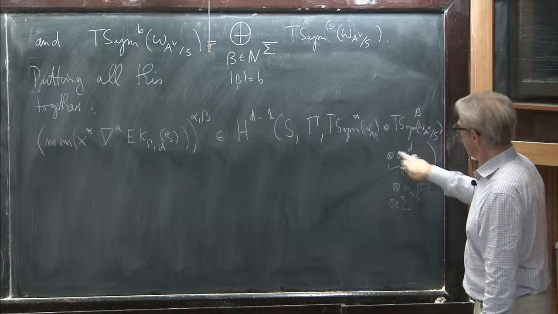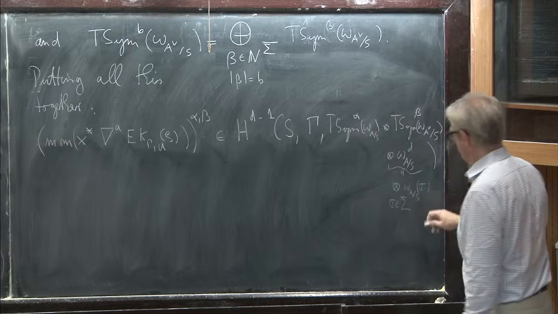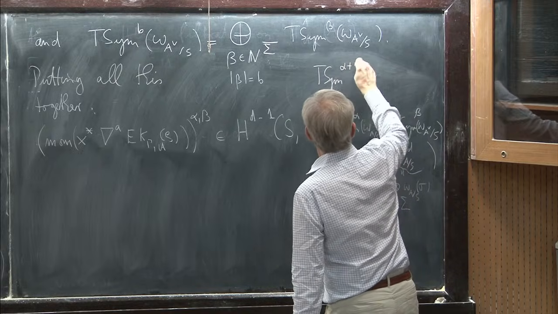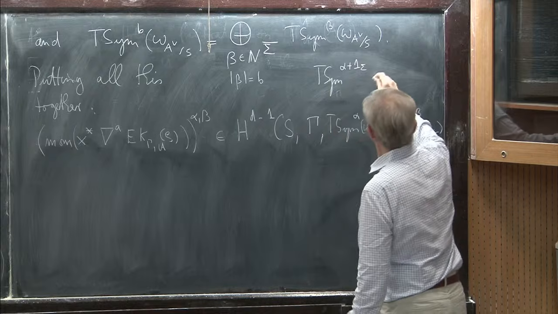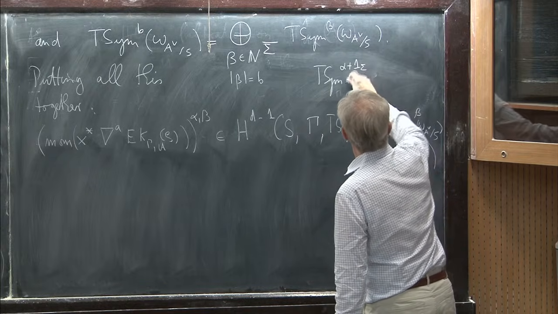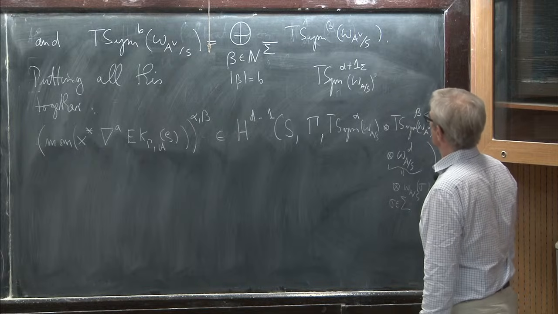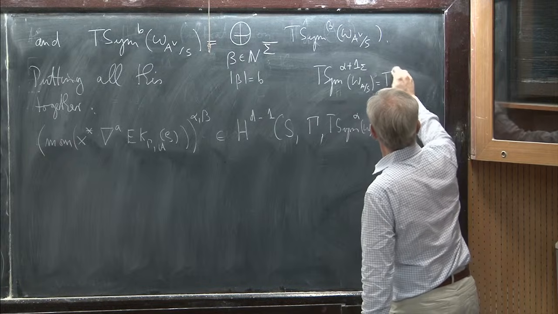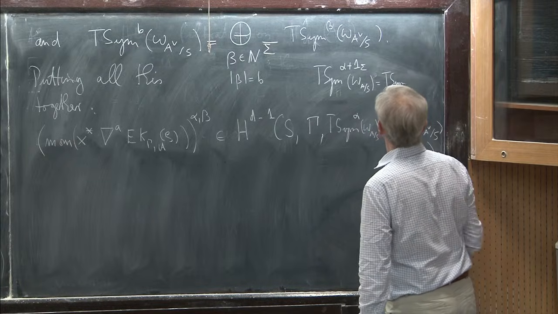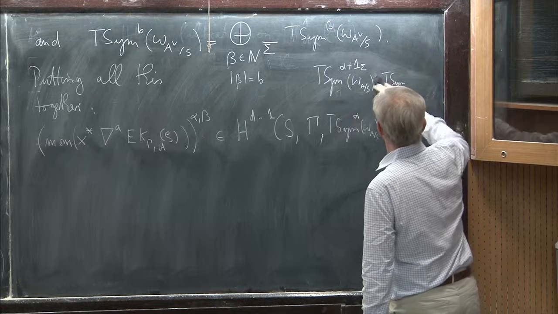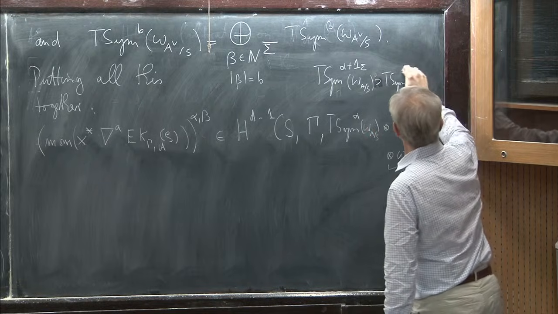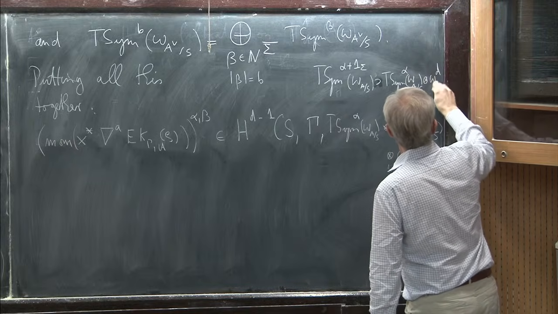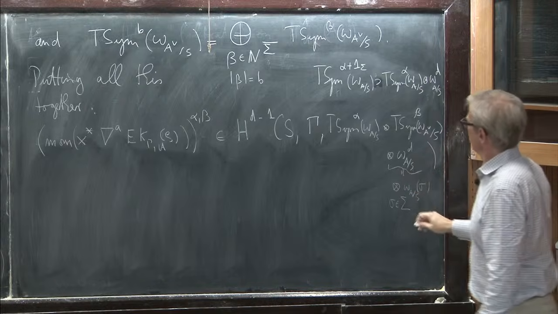And I can put this in here by writing T sim alpha plus 1 sigma omega AS, just putting these two together. It's not equal. That's inside. This contains T sim alpha omega AS omega DAS to get rid of this factor.